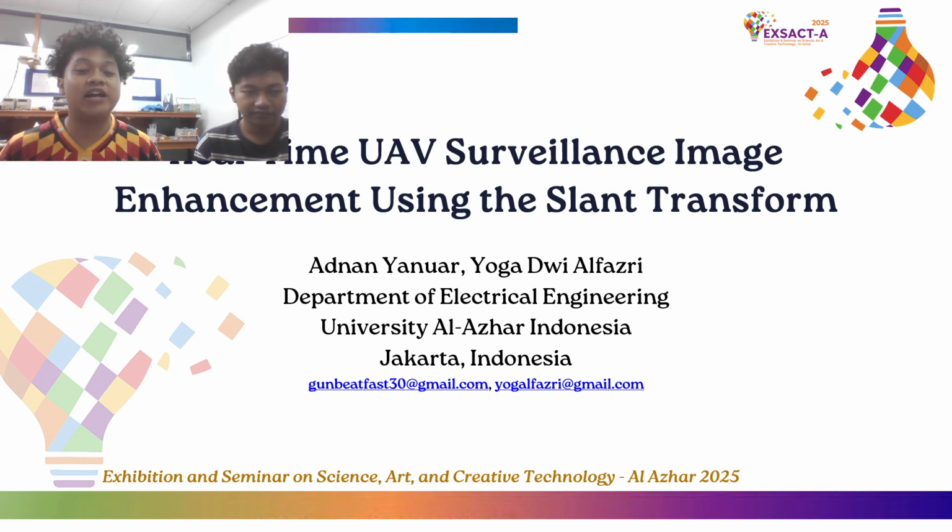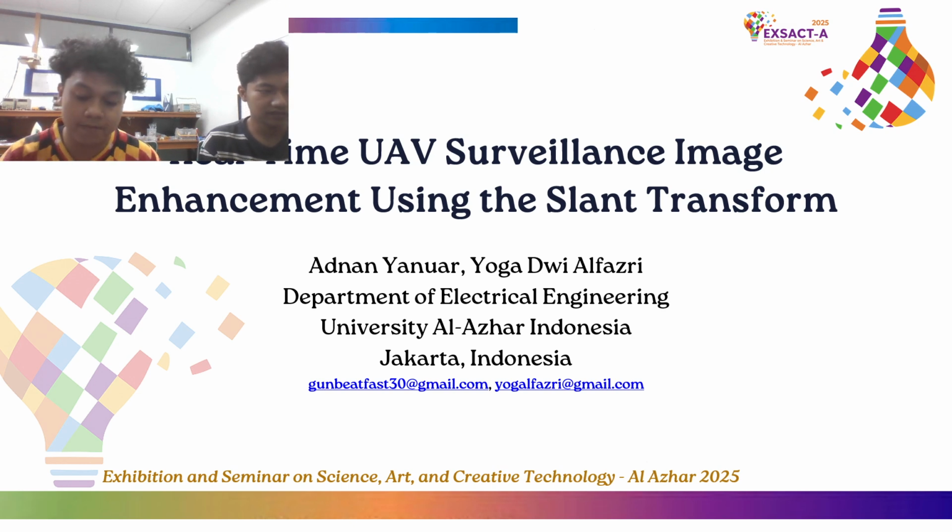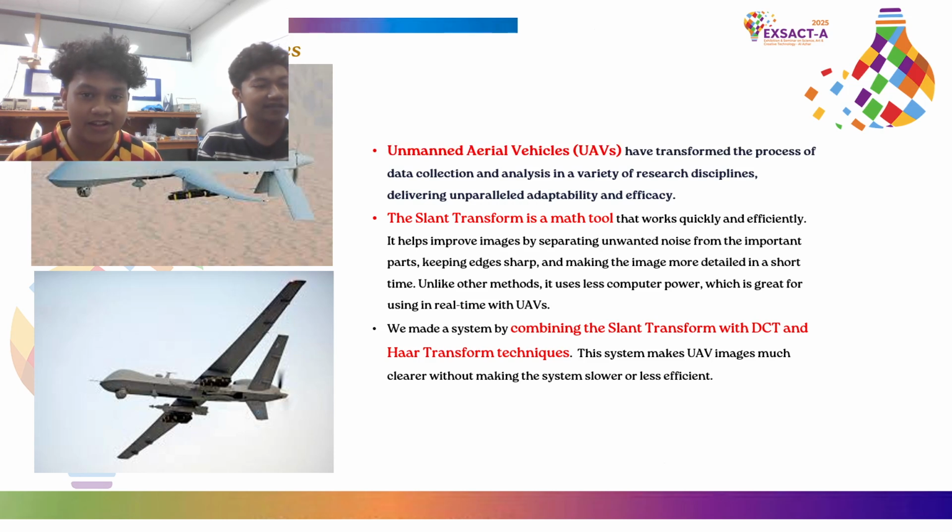So here we are trying to explain to you about real-time UAV surveillance image enhancement using the slant transform. It is a process and mathematical technique to reduce noise and increase image clarity with low computational cost, making it ideal for real-time UAV surveillance.